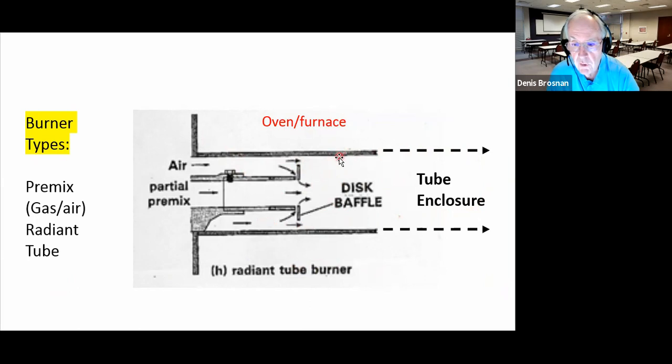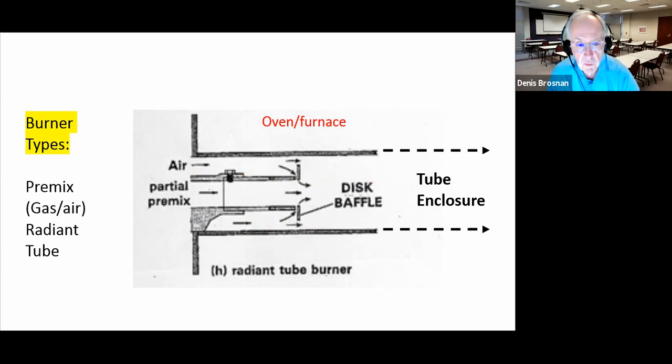So sometimes in manufacturing of products containing carbon, you might use a radiant burner with a silicon carbide tube here because of the temperature involved. But nevertheless, the diagram shows a premix of gas and air being injected into the tube with air being brought in as well into the tube enclosure for combustion to take place.